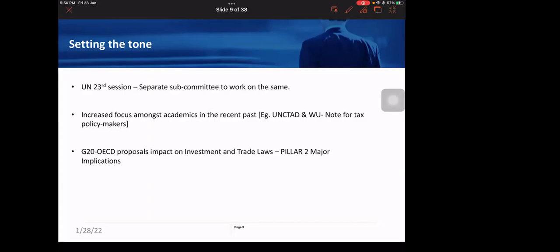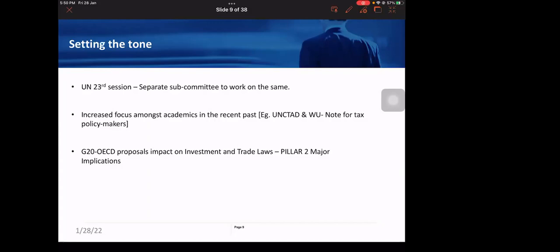And more importantly, what will be the net impact? If it's going to reduce my effective tax rate, then in that situation, I'm going to come back and pay the minimum tax. But having said that, can an investor then go and say, look, Pillar 2 is discriminatory under the investment agreement? Very interesting issues are coming up. And can you say, look, I'm not being treated properly?